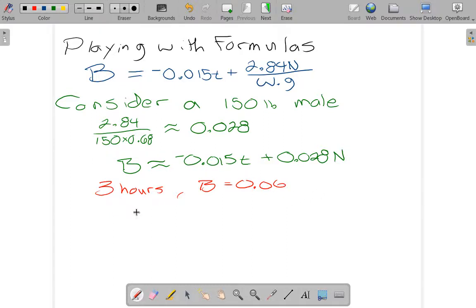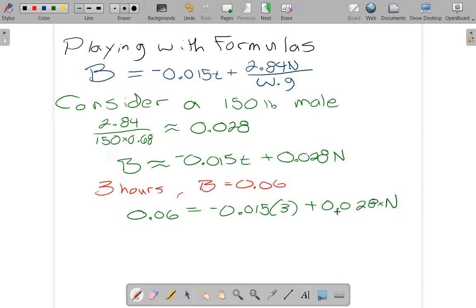So I can plug those values in, so that's going to give me 0.06 equals negative 0.015 times 3 plus 0.028 times the number of drinks. And so then I could solve this for the number of drinks.